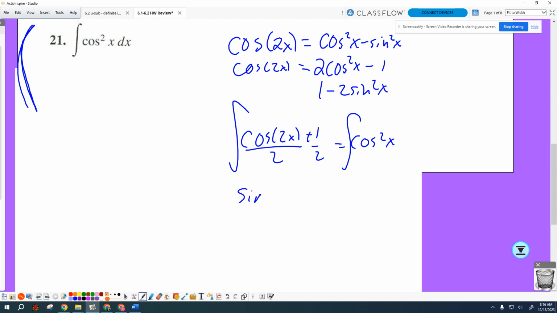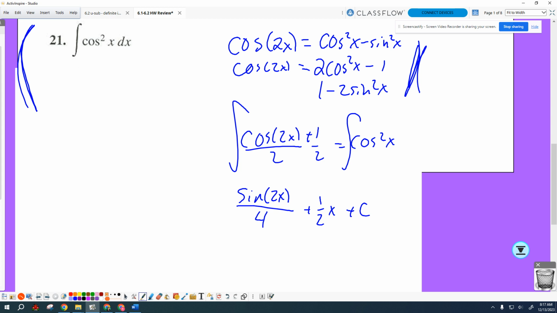So this is sine. I'm going to leave the inside stuff alone, and then I need to divide by the derivative of the stuff inside. And integrating 1/2, that's just going to become 1/2 x plus c. So I use these trig identities from pre-cal a lot.